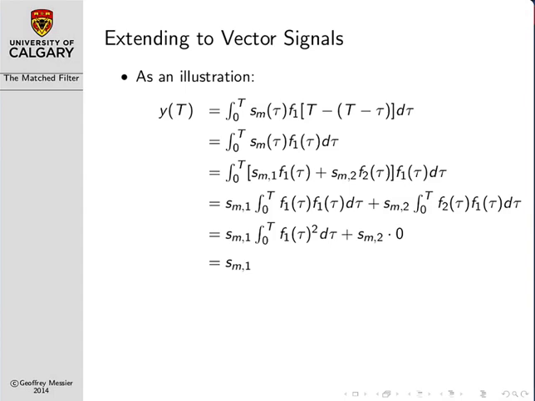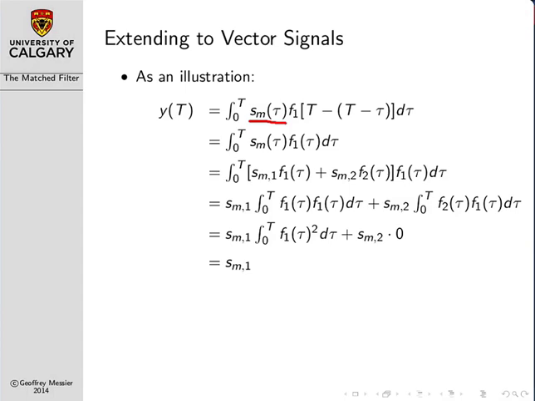And so what I've got here is the equation for the output of the top demodulator branch in the previous slide, the one matched to f1. And so our received signal, again, is just s of t. So we were assuming no noise here just to make things a little bit simpler.